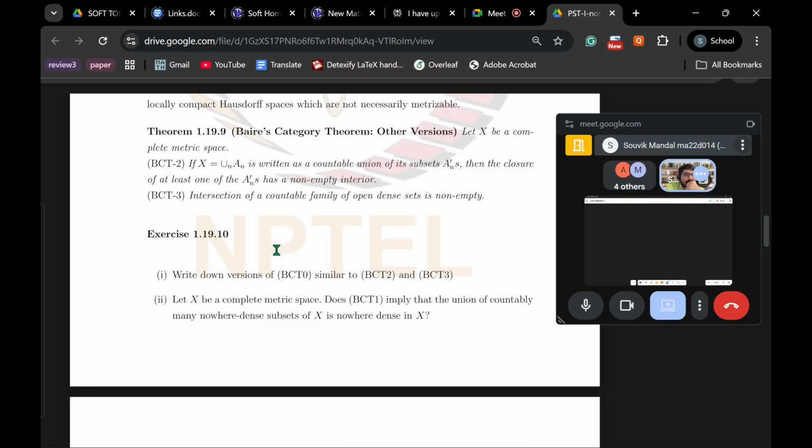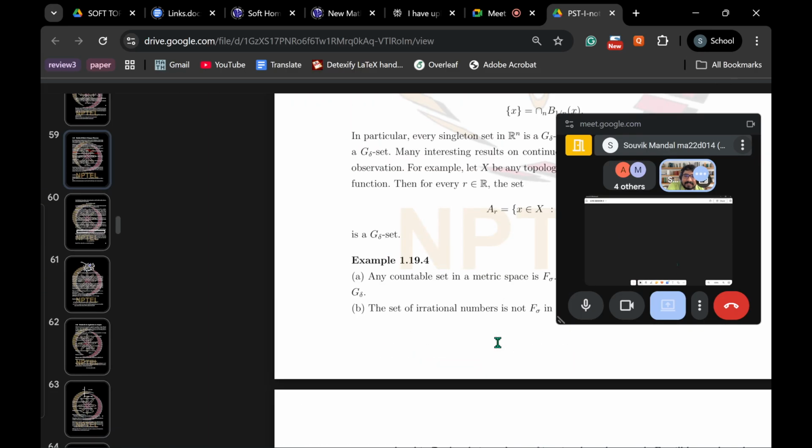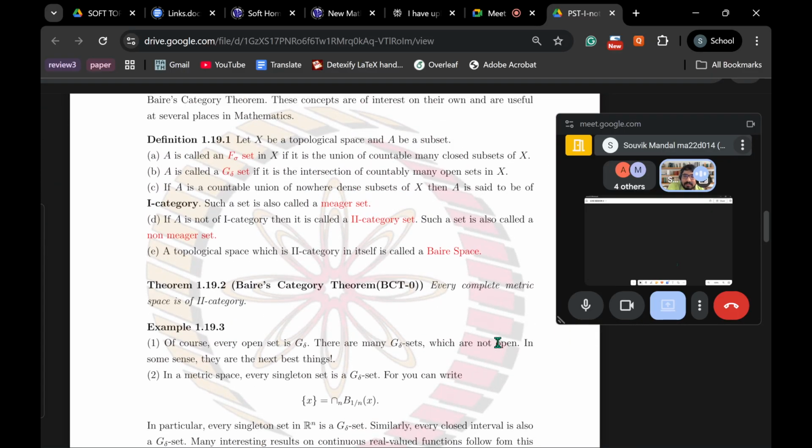Better you can ask this particular question to the instructor, because I'm unable to understand what they're asking to write, because BCT 2 and 3 seem to be equivalent statements of BCT 1. So what is BCT 0? BCT 0 was every complete metric space is second category.